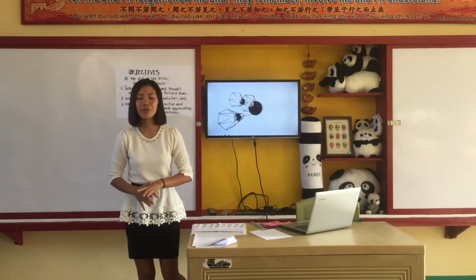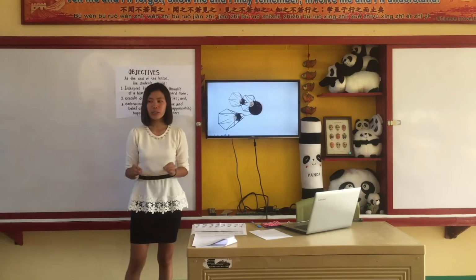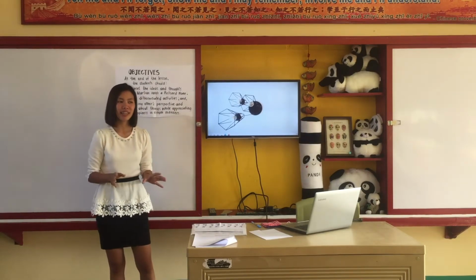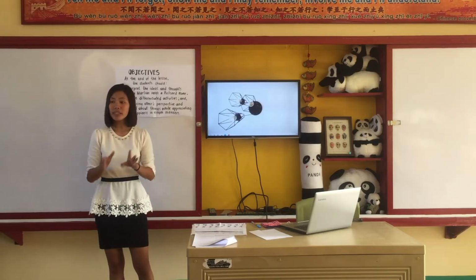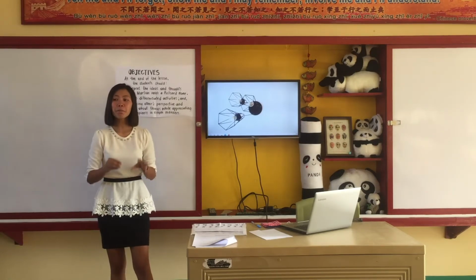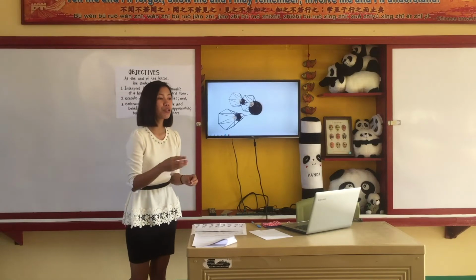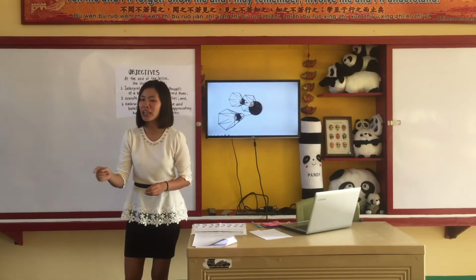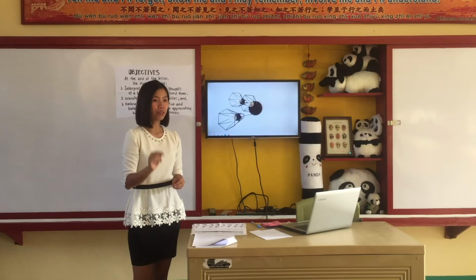But before that, I want you to know that you will be reading the poem with a partner. As you can see, the papers you're holding aren't the same size. So, for 30 seconds, you will find your partner by looking for someone who has the same size of paper as you.